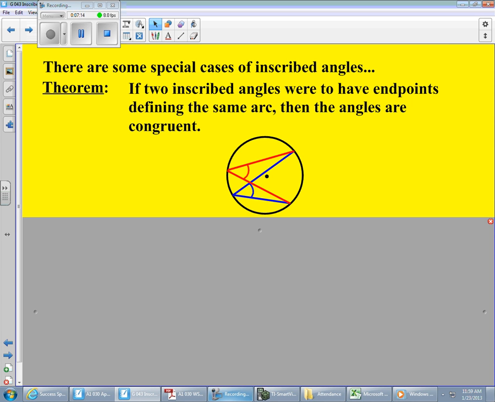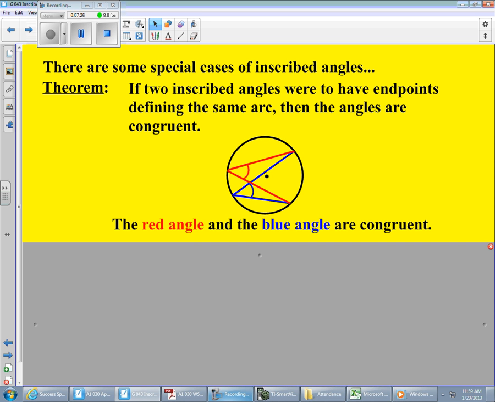So they define the same arc, or they have the same intercepted arc. The theorem says when this happens, those 2 angles are going to be congruent. So by the theorem, the red angle and the blue angle are congruent. I didn't label them for us to name them or anything because the figure's already cluttered enough as it is.